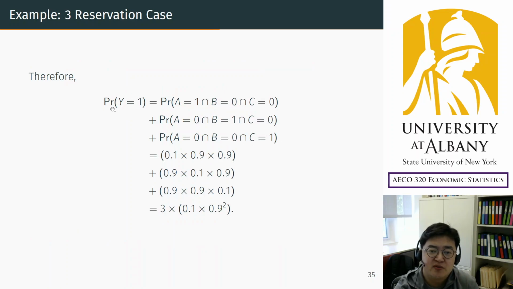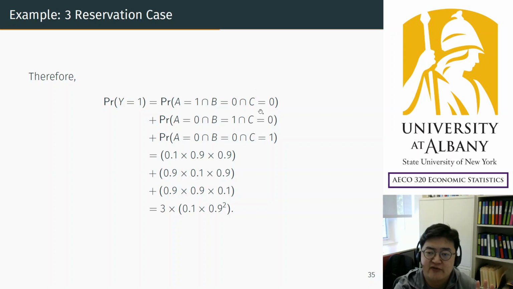Again, the probability that the number of cancellations equals 1 is the sum of 3 possible outcomes, and we know how to calculate each probability.